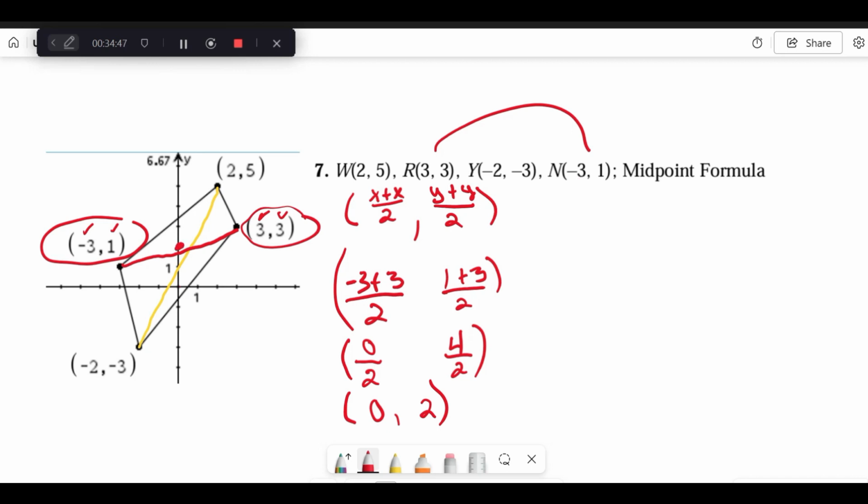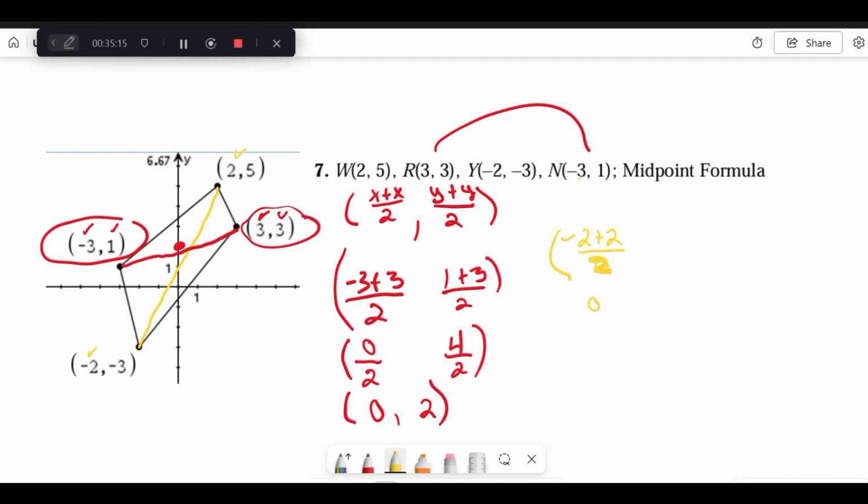So this would be the midpoint right there. Now we'll do it with the yellow side. So I'm going to be doing negative 2 and 2. So negative 2 plus 2 over 2. Well, that's 0.